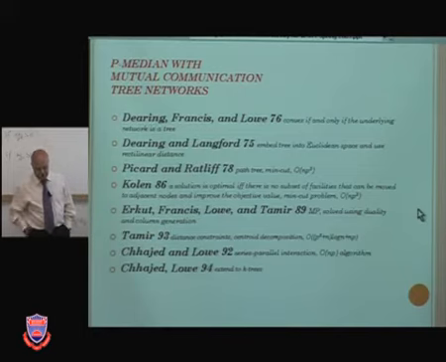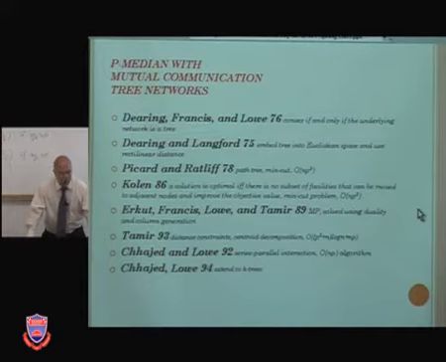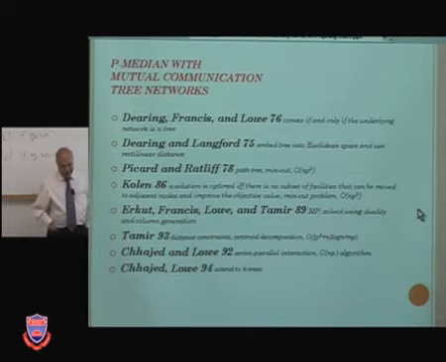Erkut, Francis, Lowe, and Tamir solved the problem using math programming. MP stands for math programming. And they used duality and column generation, which is probably something that you are interested in right now, okay? All right, so Tamir also considered the problem with distance constraints and gave a centroid decomposition algorithm, which is again polynomial.